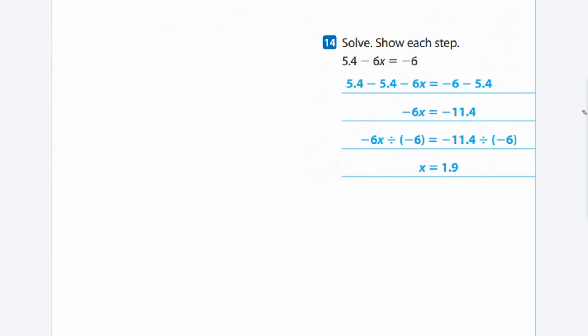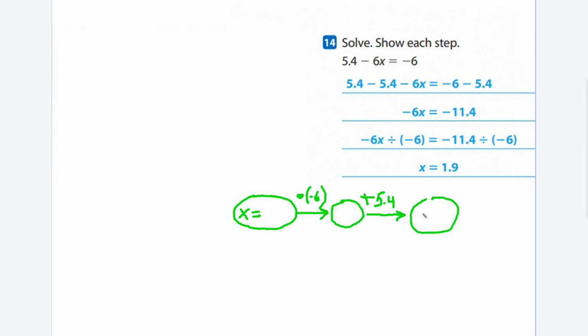And let's show it with flowcharts. We're looking for x equals, what happens to x first? It's multiplied by negative 6. And then added, because we look to the left of the term, 5.4. And then output is negative 6. Okay?